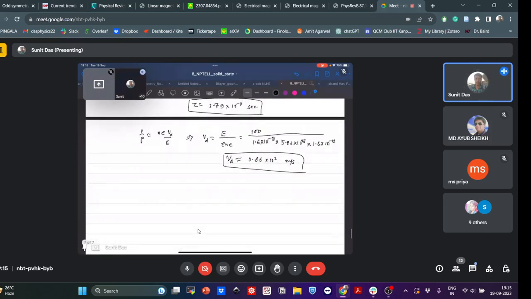So what we have essentially got, let's say this was the starting point of the collision. So electron collides with this one, and then the electron goes at this point, right? So with velocity Vd, and the time between two consecutive collisions is tau. So mean free path is defined as the path an electron traverses between two consecutive collisions. So lambda will be simply Vd into the relaxation time.